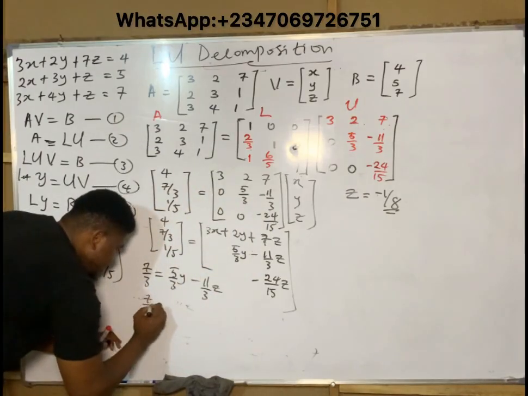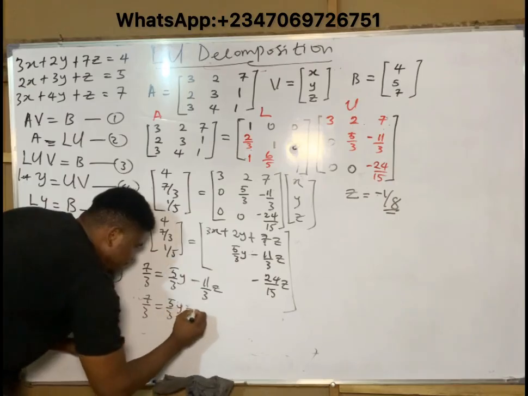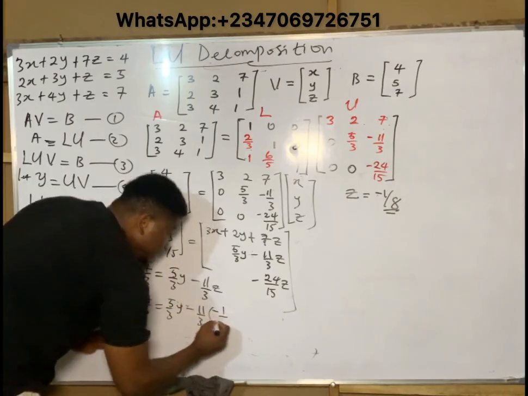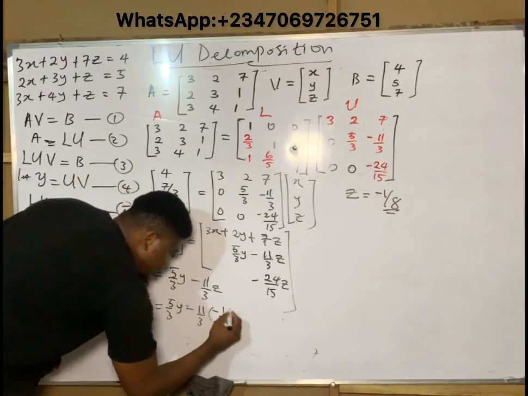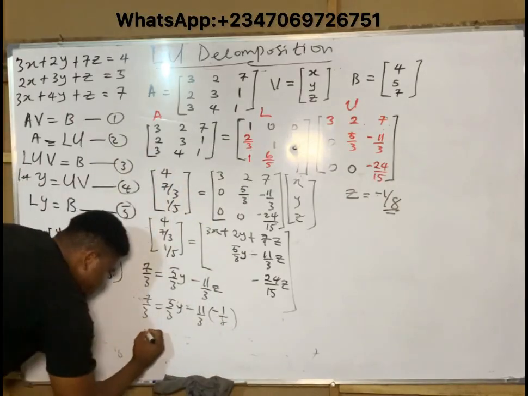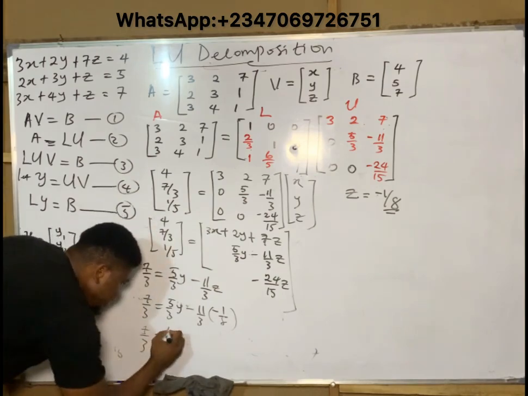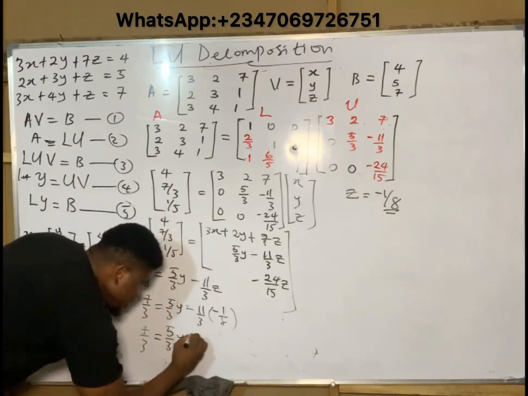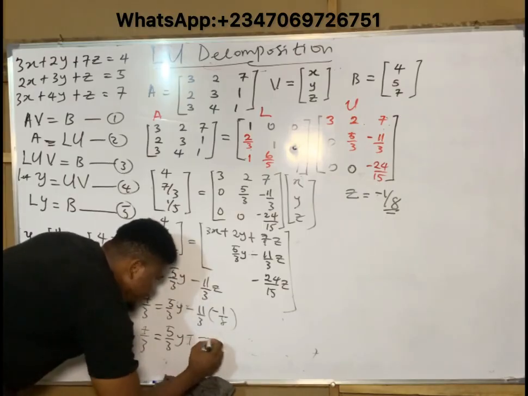Z itself is minus 1 all over 8, right? Yes, minus 1 over 8. Okay. So 7 over 3 is equal to 5 over 3y. Negative is plus. 3 times 8 is 24. 11 times 1 is 11.